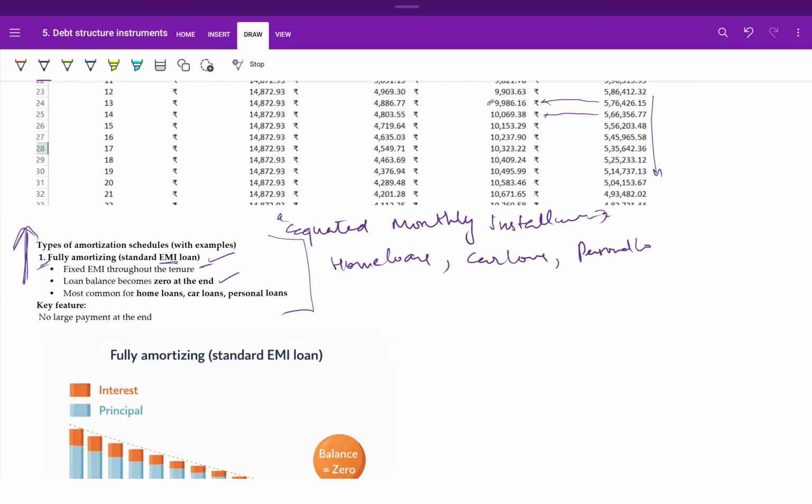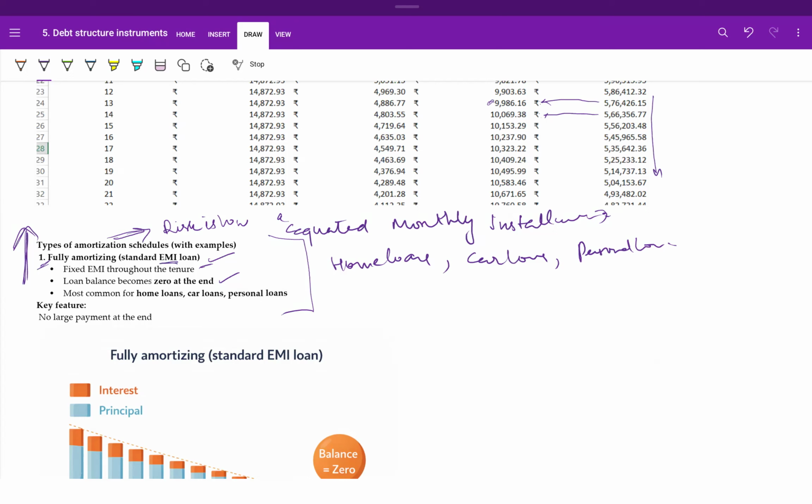This structure is considered low risk because the borrower steadily reduces the loan balance with every payment. So there is no large payment at the end of the period, and the risk is low when the loan type is fully amortizing.